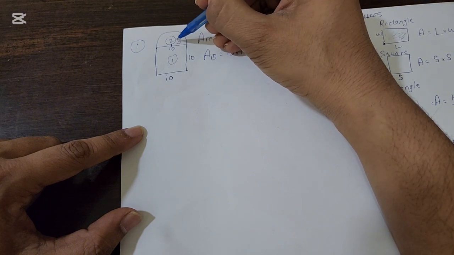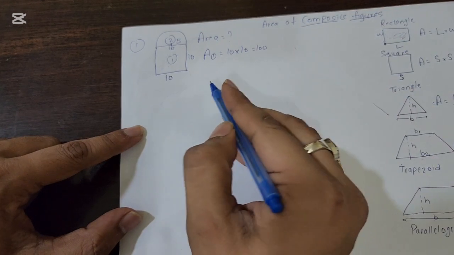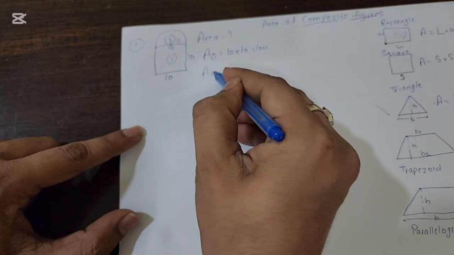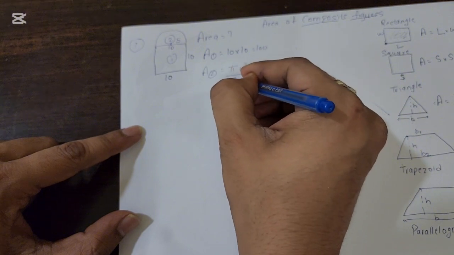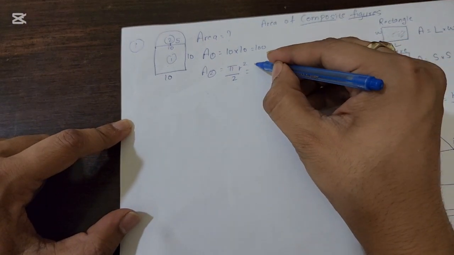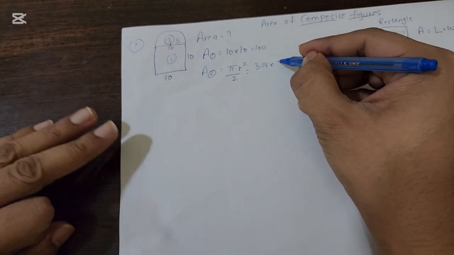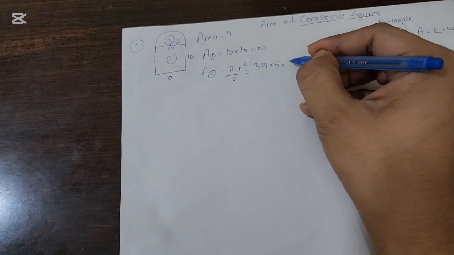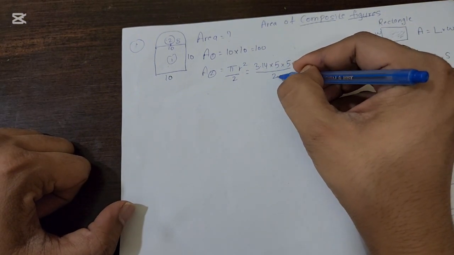I got the radius. Now using the radius, I will find the area of my semicircle. So the area of my semicircle, the second area, will be pi r square divided by 2. Yes, pi r square divided by 2. So pi is 3.14. Radius is here, you can see 5 times 5, and divided by 2 here.